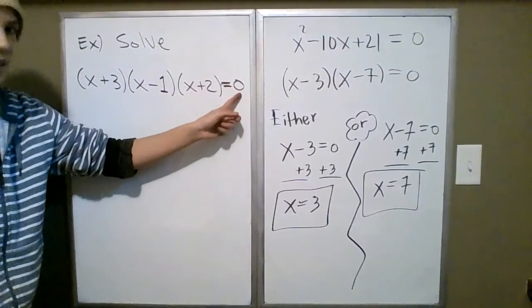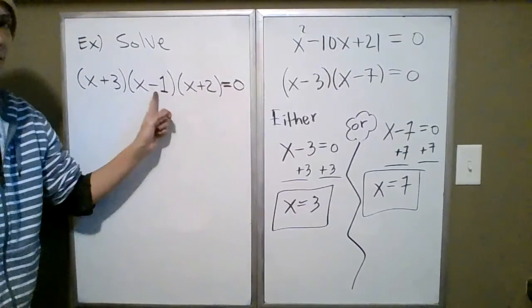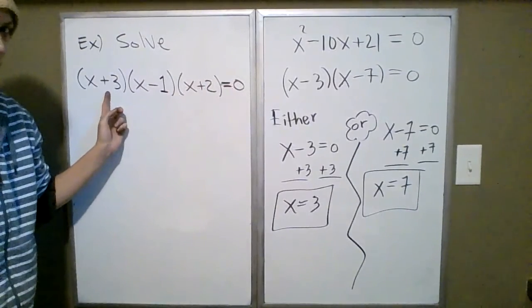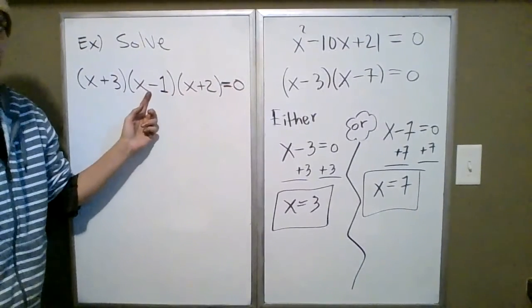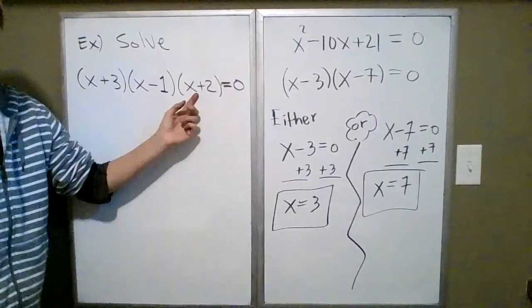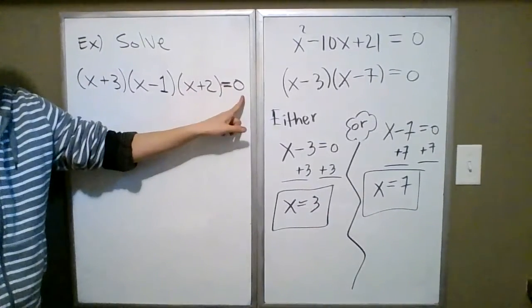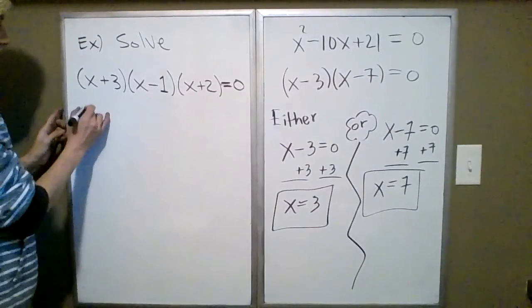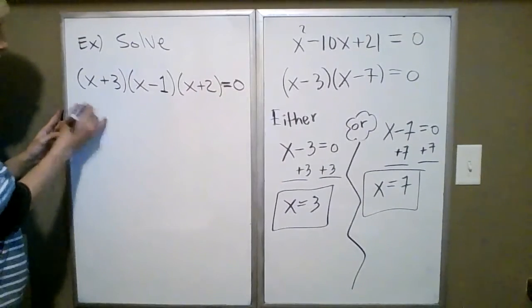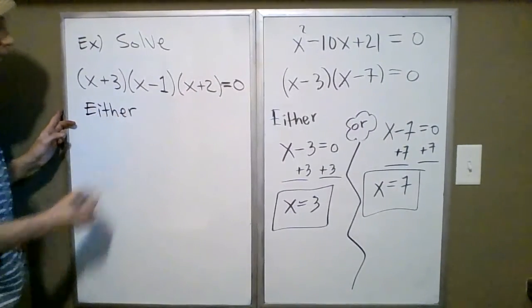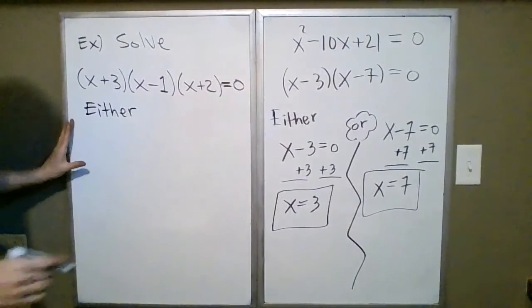If you have a 0 on this side, one of those numbers has to be 0. Either x plus 3 was 0, x minus 1 was 0, or x plus 2 was 0. That way you have 0 times the rest would equal 0. So this is using that property to set up 3 equations.